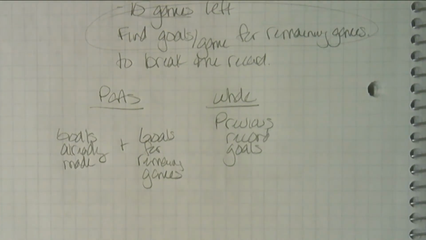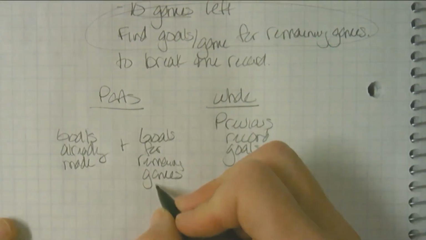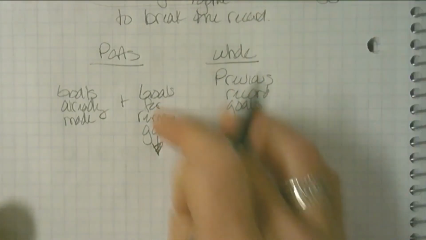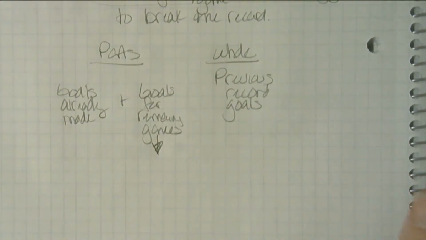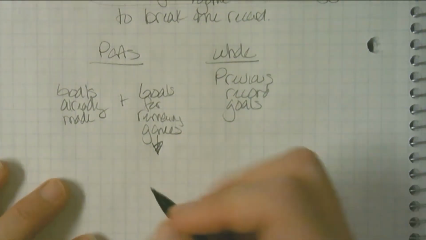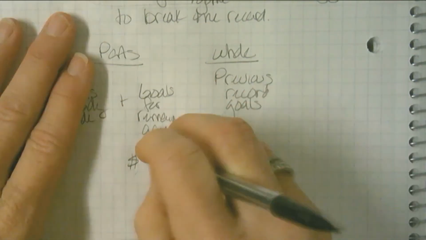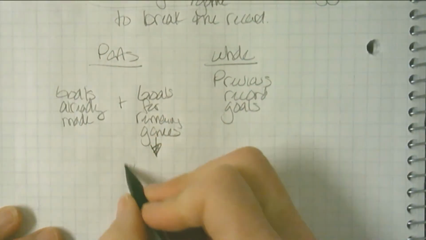Okay. So start with that, use common sense. Now I need to break that down. I know how many I already made. How can I find my goals for the remaining games? AJ? Hang on one second. So I have goals per game.